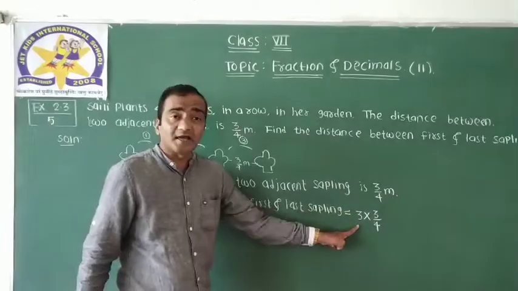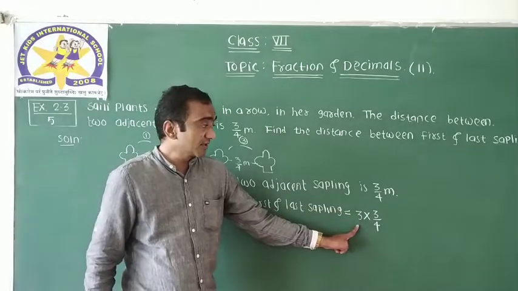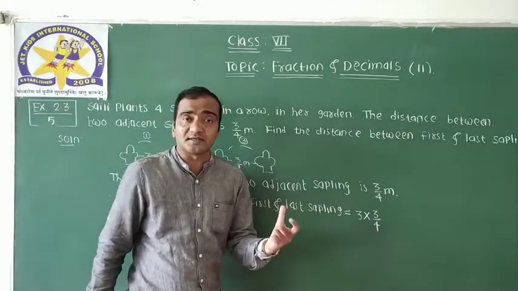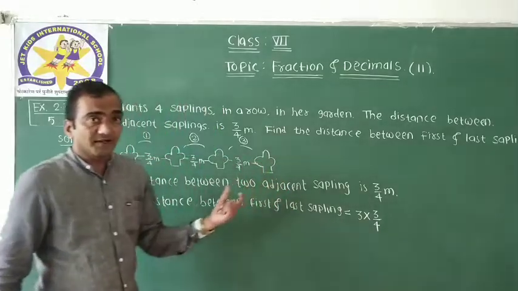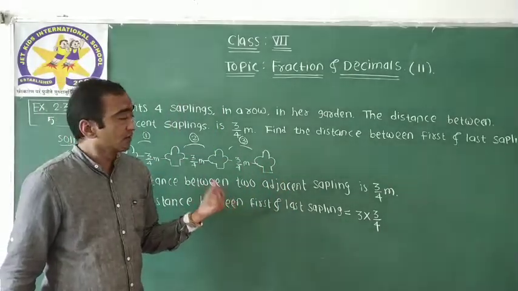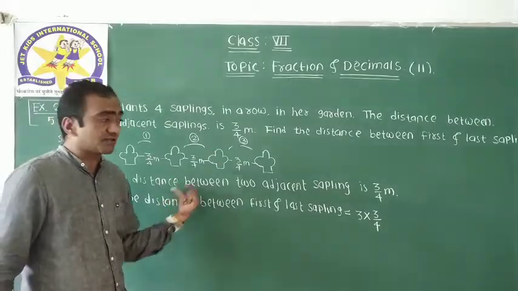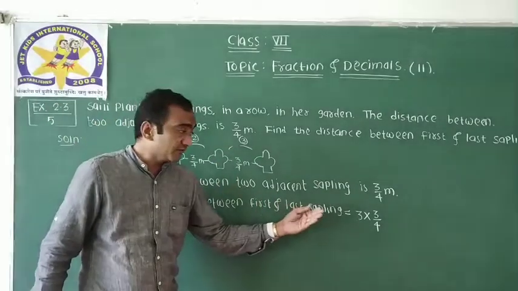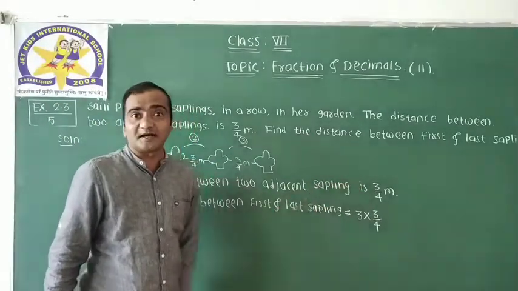There are how many gaps? 3 gaps, and the distance between 2 adjacent saplings is 3 by 4 meter. So the distance between the first and last sapling will be equal to 3 multiplied by 3 by 4.